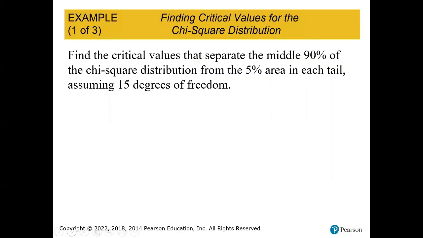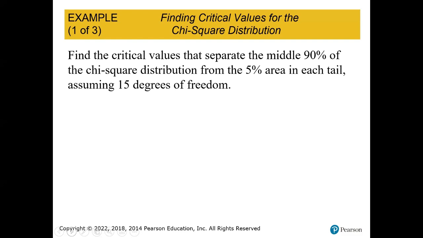We can find critical values just like we found critical values using the normal curve and the T curve. What we'll do is go through an example here. It does show you the table really quick, and then I'll show you how to find it in StatCrunch. So the example has us find the critical values that separate the middle 90% of the chi-square distribution from the 5% area in each tail.